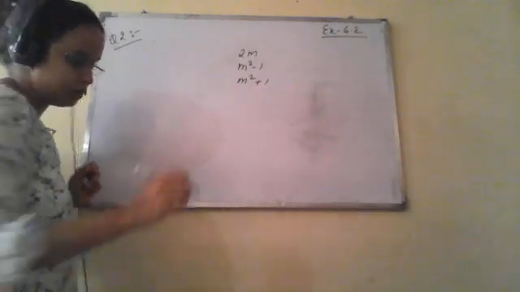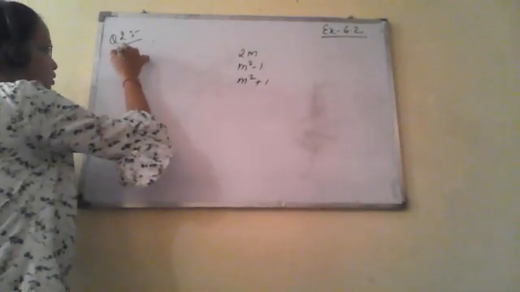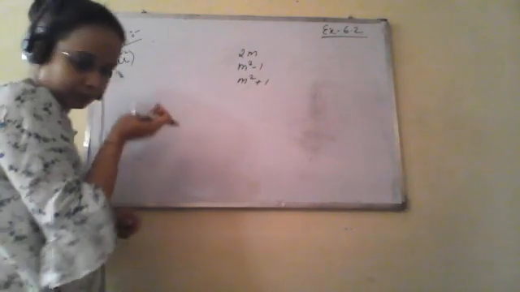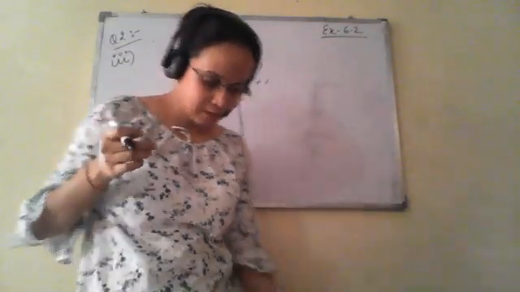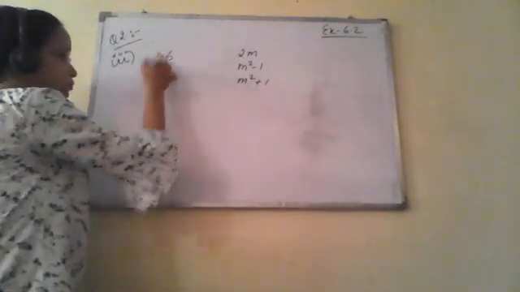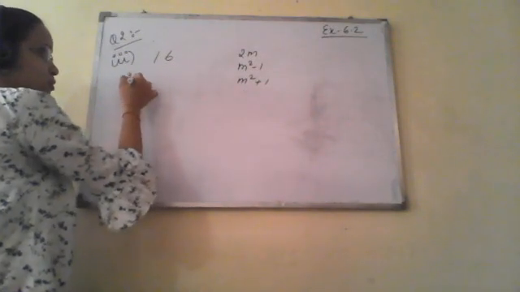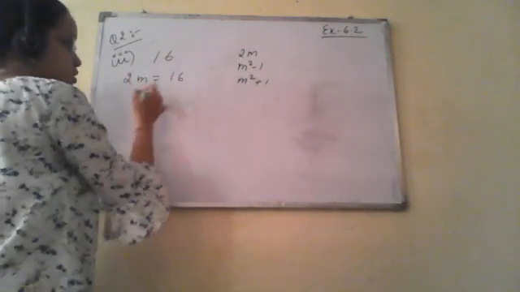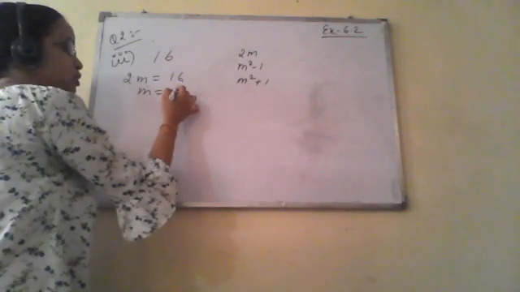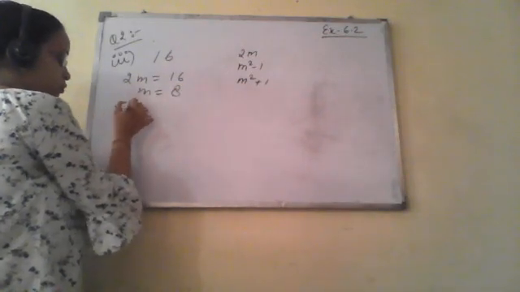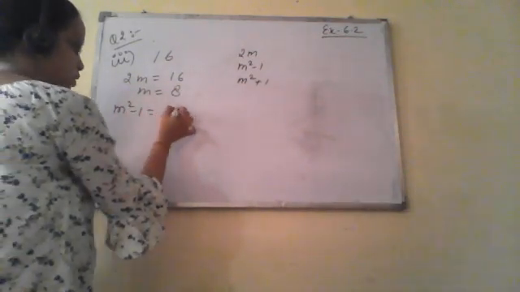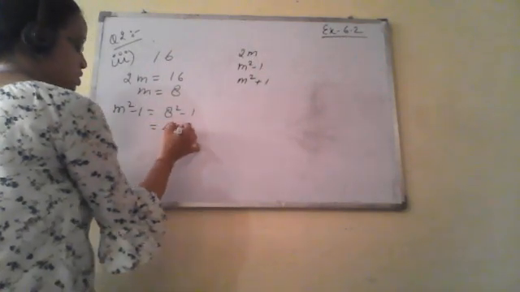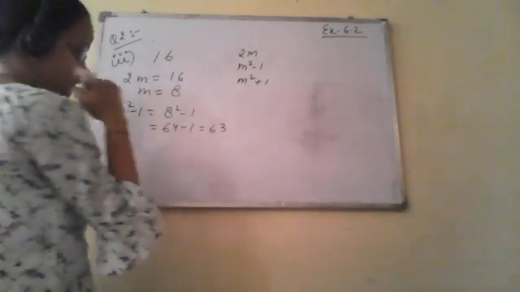Now third part. Third part is 16. So we'll start with 2m. 2m equals to 16. M will be equal to 8. Value of m square minus 1 will be 8 square minus 1, that is 64 minus 1, it is 63.